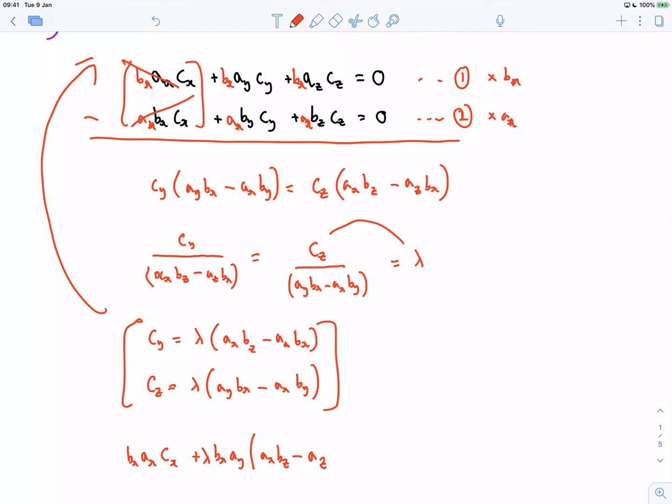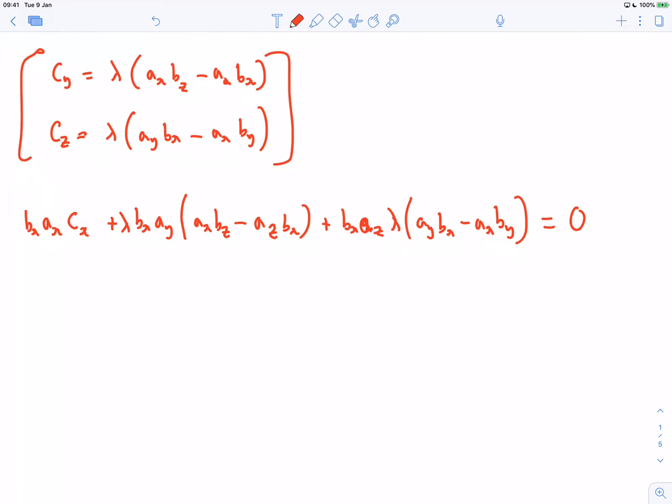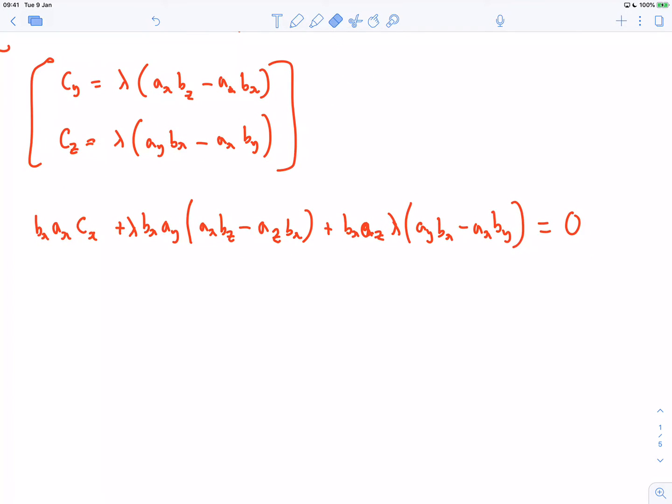And that's AZBX. And then add BXAZ of CZ, which is going to be lambda lots of AYBX minus AXBY, and this equals 0. So first thing we can do is we can get rid of the BX's because we multiplied that by everything there, so that can go.